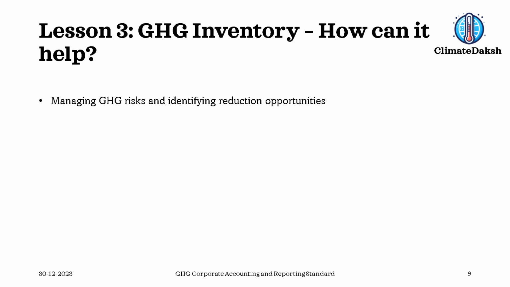If companies are to ensure long-term success in a competitive business environment and are to be prepared for future national or regional climate policies, they must address these risks. And GHG inventory is essential to gauge how far the company is from its target and to identify opportunities for emission reduction.